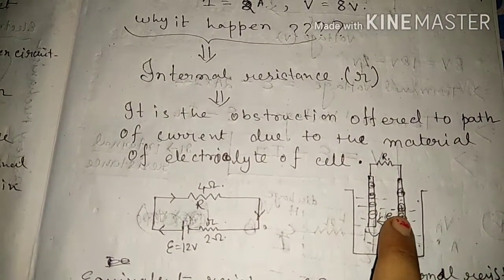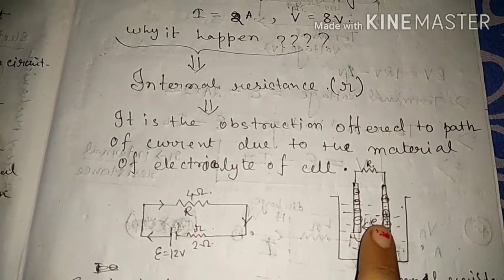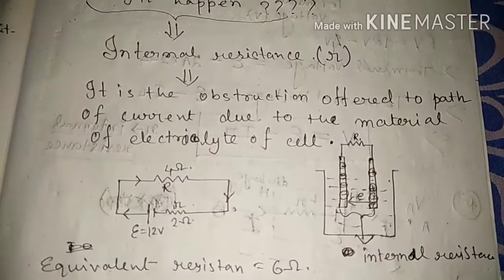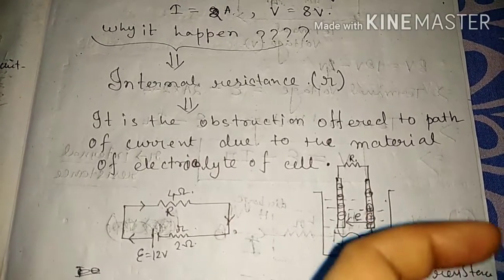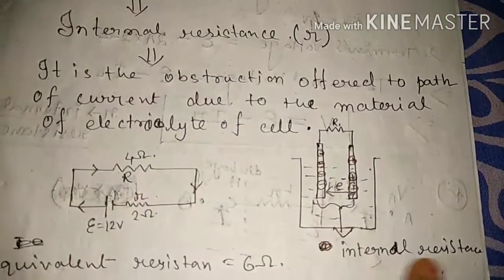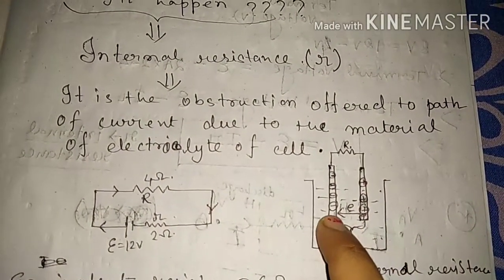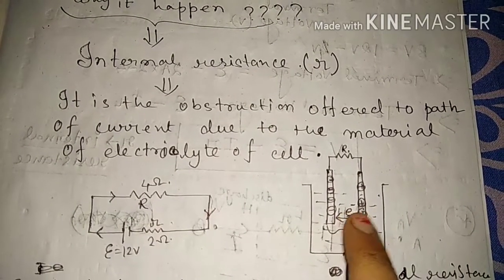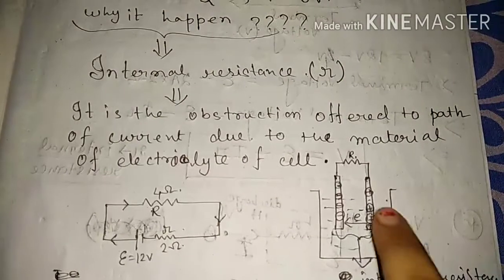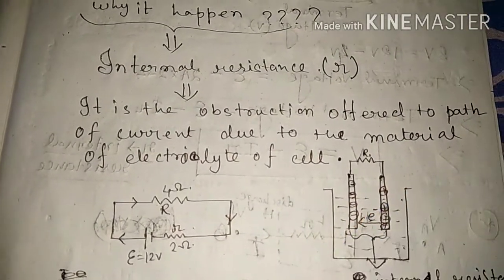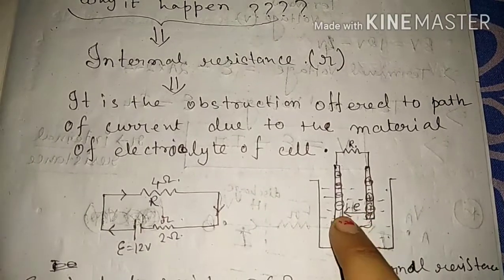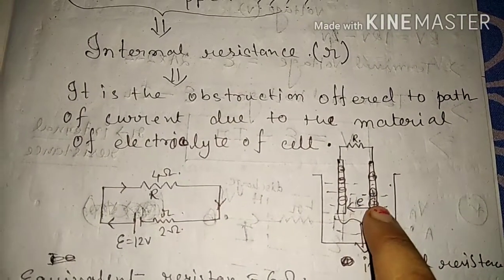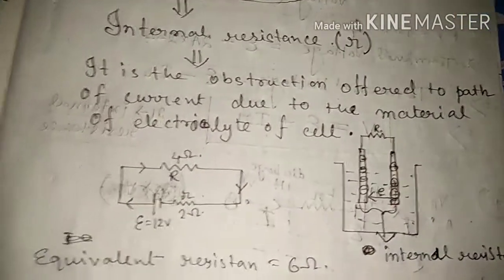That means when the electrons move from positive to negative side, many ions are there, and the electrons collide with those ions, and during those collisions the resistance increases. So work has to be done by the electrons against those ions, against that collision, and this occurs because of the internal resistance, which lies between the positive electrode and the negative electrode.